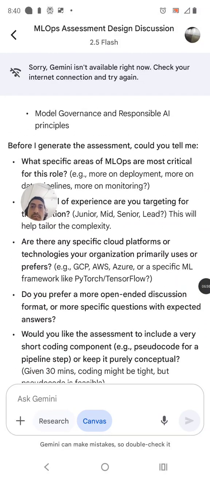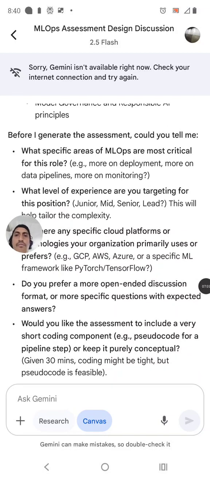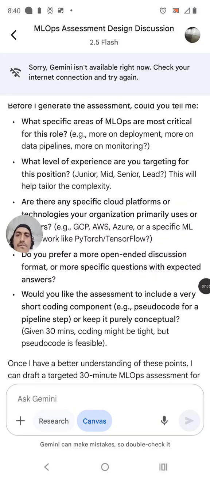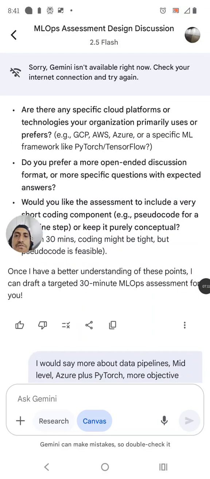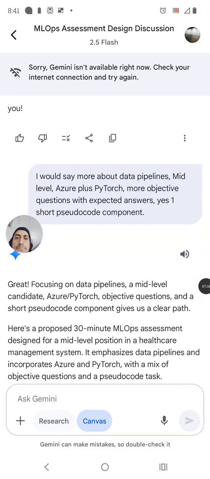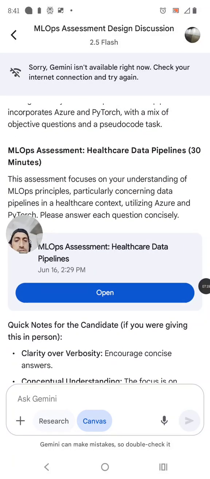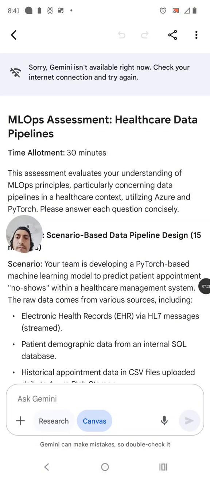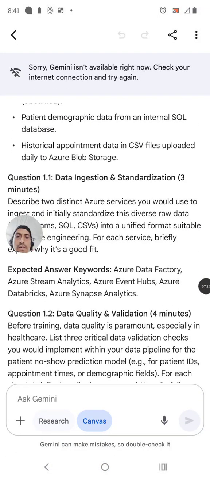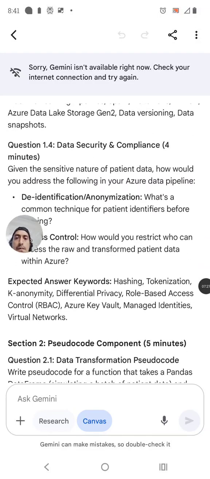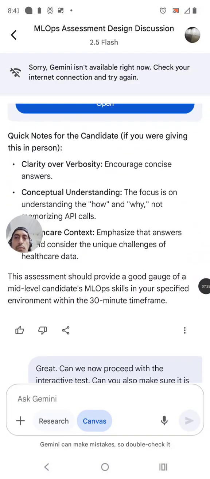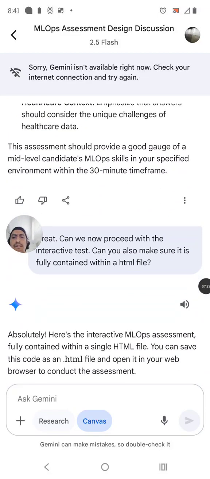There were some options that arose in the discussion with Gemini, like what specific areas of MLOps are most critical for this role, level of experience, prefer an open-ended discussion, CI/CD code component, expected answers. So this was the first assessment Gemini came up with, and here the questions were more descriptive.